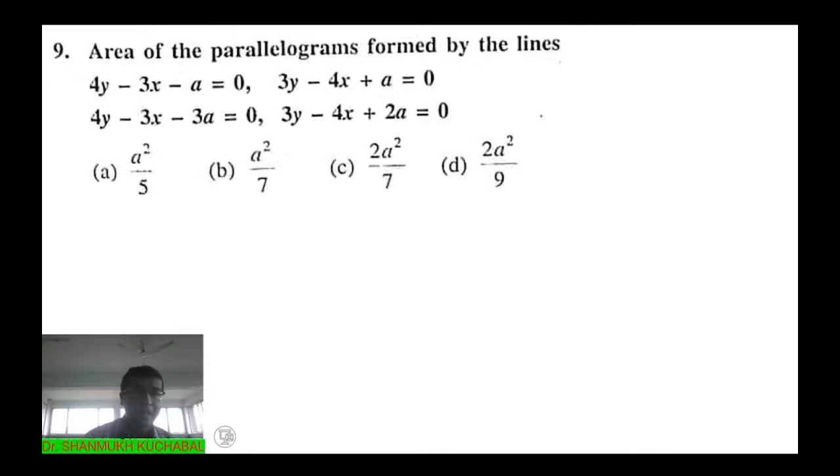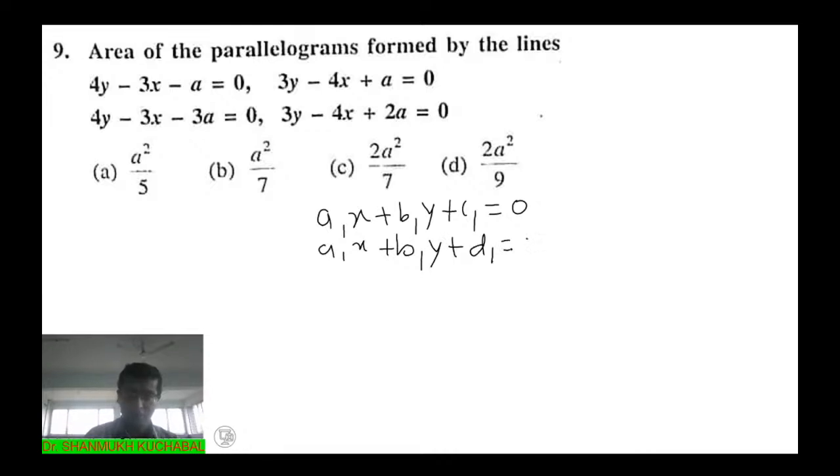Next question: area of the parallelogram formed by the lines. So we have 4 equations. For this I use OneNote. You have to remember this: a1x plus b1y plus c1 equal to 0. Next a1x plus b1y plus d1 equal to 0.